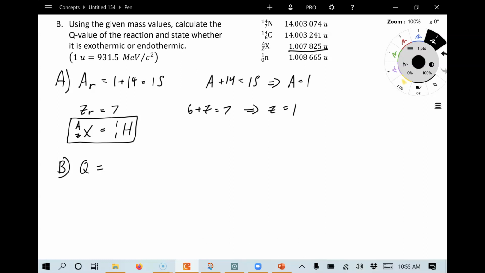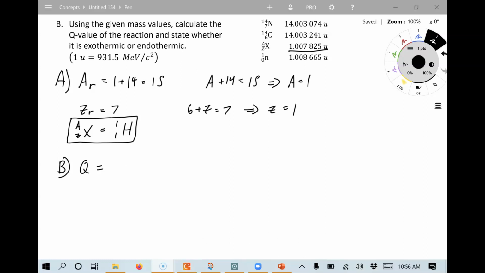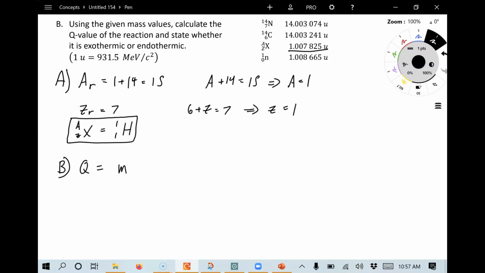So to get the Q value, the energy released or absorbed, we're going to look at the difference in the mass of the reactants minus the mass of the products, and multiply that by c squared, which converts that change in mass into an energy.